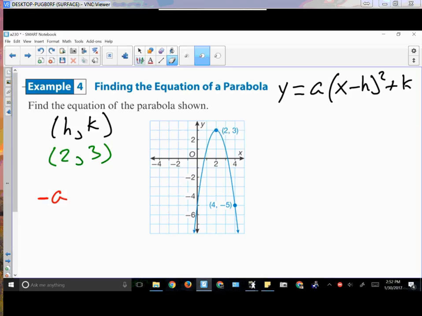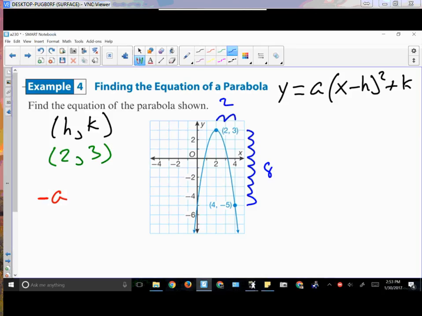So if I'm looking at this, this went down, you said 8. 1, 2, 3, 4, 5, 6, 7, 8. So that went down 8. Okay. How far over did it go? 1, 2. I need to know this because if I put in a value, I need to know what it's going to come out by.